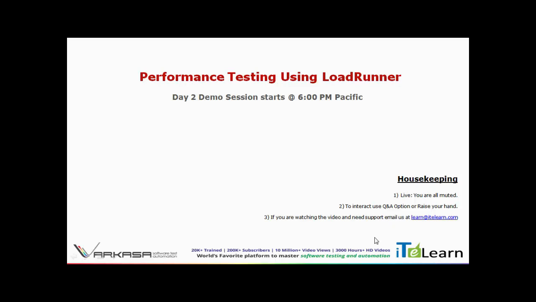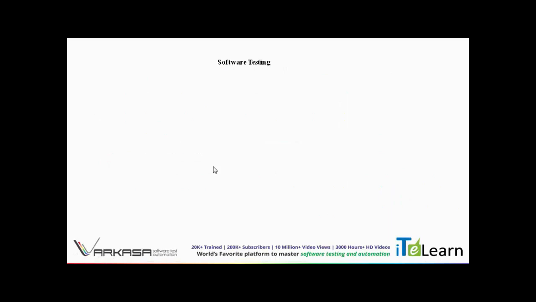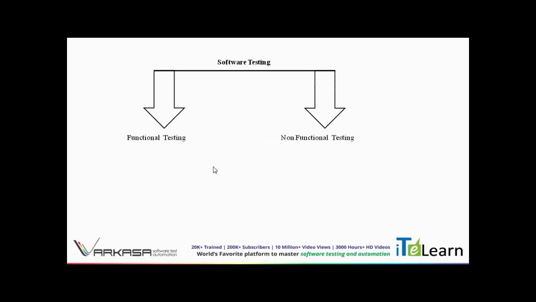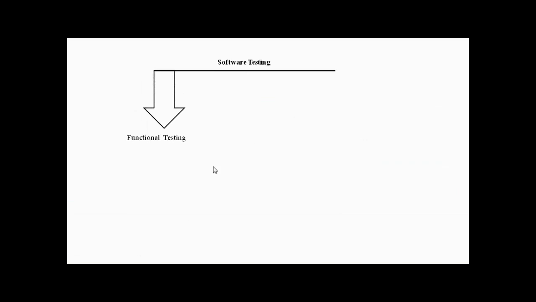Let's have a quick recap as to what we have discussed on day 1. On day 1, we tried to understand there are different types of testing in software. One is functional and the other one is non-functional. In functional testing, we have things like system testing, system integration testing, regression testing, and user acceptance testing.